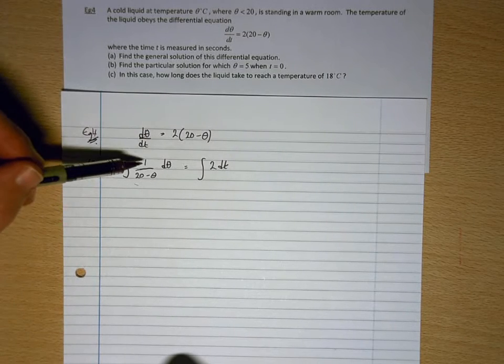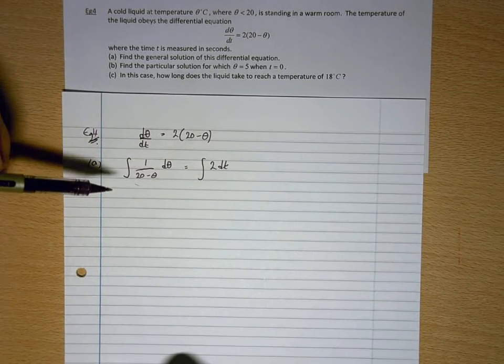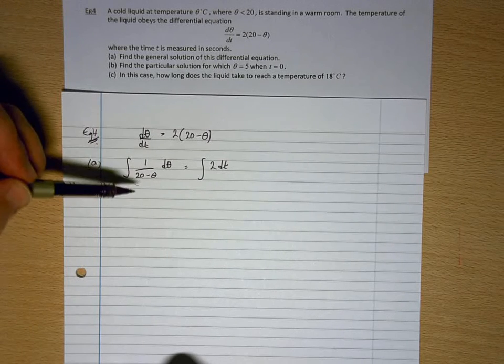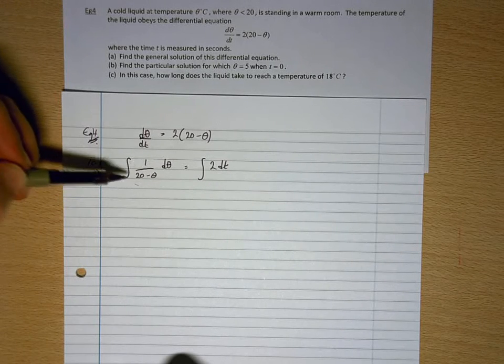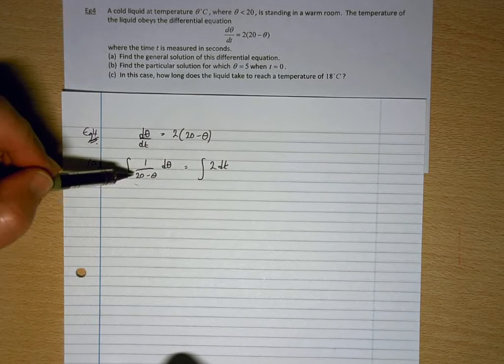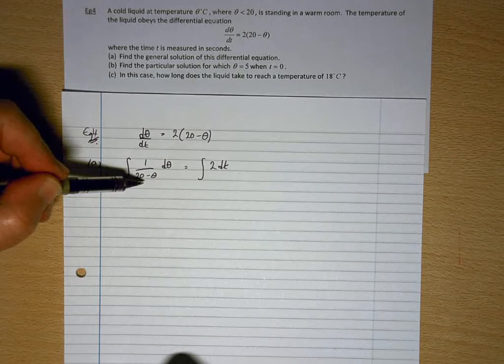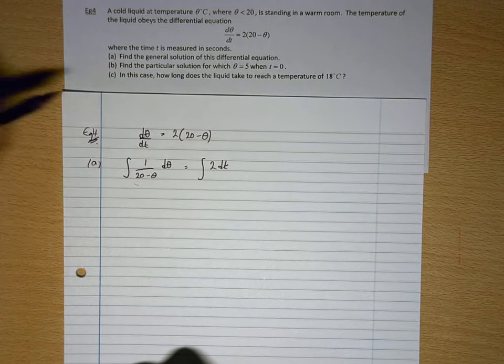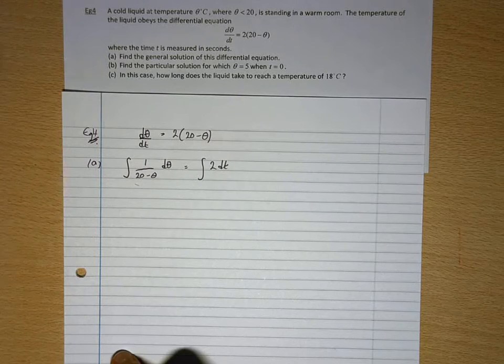So I'm not sure about integrating 1 over 20 minus theta, but if that was 1 over u, I know that the integral will be ln u, natural log of u, and because the differential of this turns out to be minus 1, it is something that I'm able to do and replace the d theta by u.